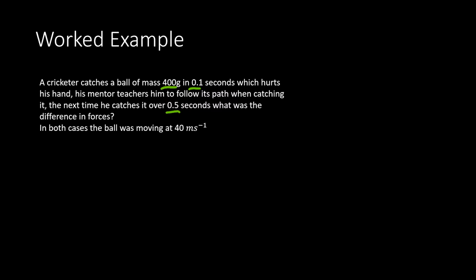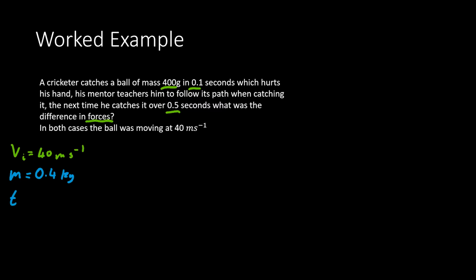What was the difference in forces? Okay, what was the change in the force involved? So in both cases, the ball was moving at 40 meters a second. So let's have a look. Our initial velocity is equal to 40 meters a second. Our mass is equal to 0.4 kilograms in both situations.